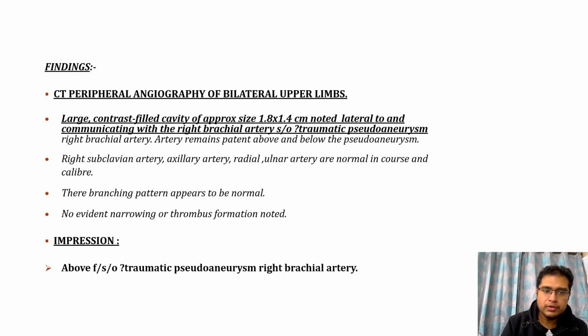This is the report that was given: a large contrast-filled cavity, noted lateral to and communicating with the right brachial artery, suggestive of a traumatic pseudoaneurysm of the right brachial artery.